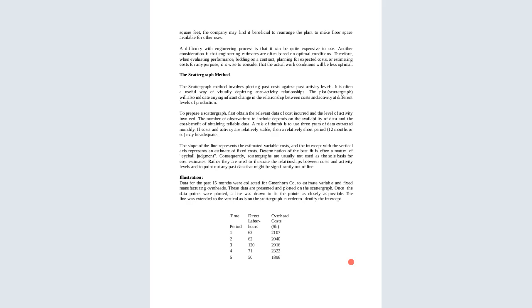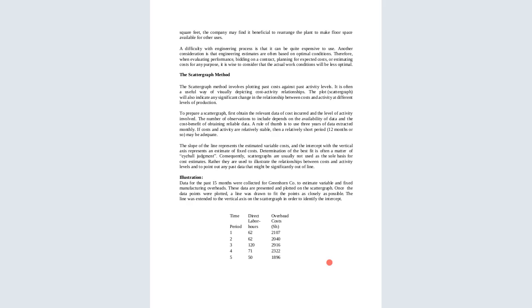So the slope, or our gradient, is our variable cost per unit, or our B. And the intercept with the vertical axis represents the estimated fixed cost. That particular line will cut the vertical axis, or the y-axis. So where the line cuts the y-axis, we call it the y-intercept or our fixed cost. So we determine the line of best fit using judgment. It's just a visual representation of the work that has been done.